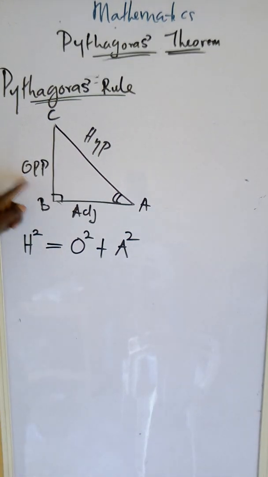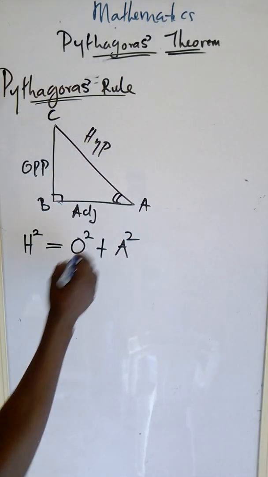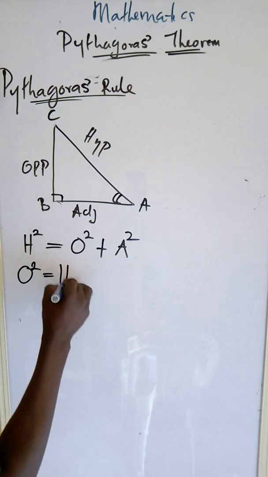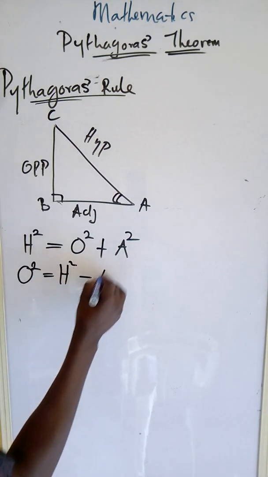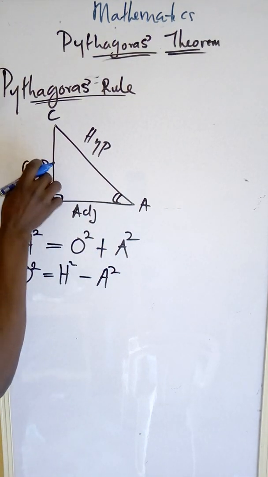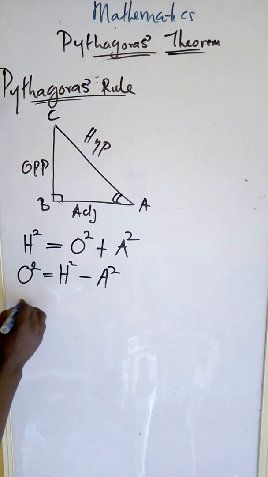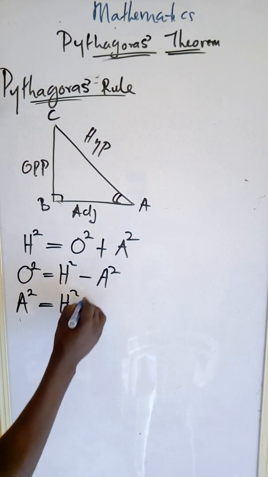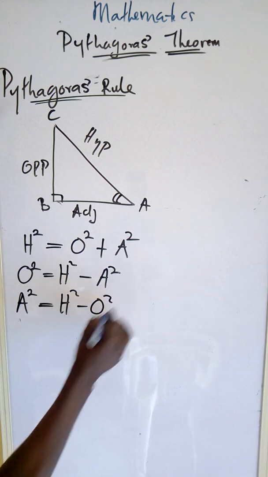Now, if we add these two sides together to get the hypotenuse, to get the opposite, it will now be hypotenuse squared minus adjacent squared. So what we did to opposite, we are going to do to adjacent. That means adjacent squared equals hypotenuse squared minus opposite squared.